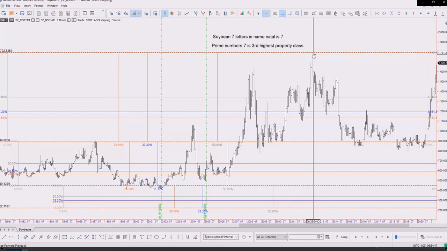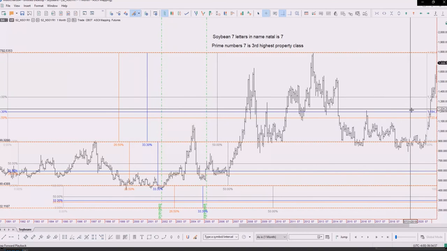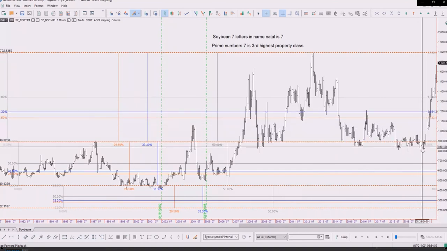But once we hit that level and completed the time, times, and half a time level, we go into an extended bear market that lasts from 2012 all the way down to 2020. So that is the power of the biblical concept of Daniel with his time, times, and half a time. So this application of the octave is not only valid in price, this is also valid in time.